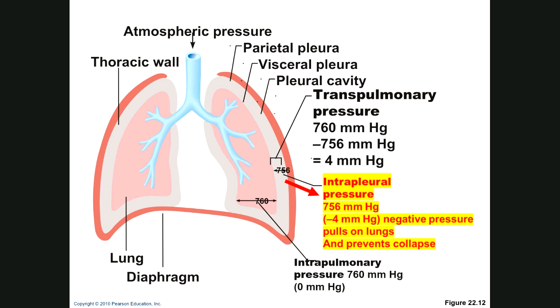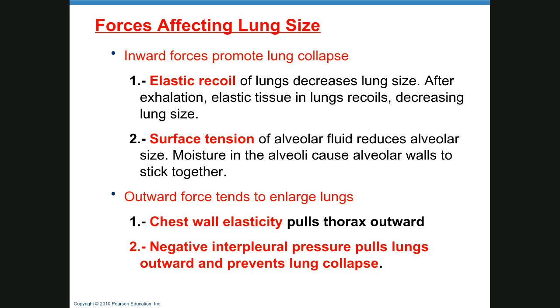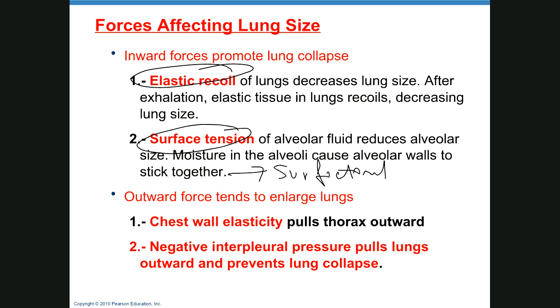So when we go back here again, the two forces that are collapsing the lungs are the elastic recoil and the surface tension. We take care of the surface tension with surfactant. It's going to prevent lung collapse. The elastic recoil, we're going to take care of with negative pressure in the pleura.